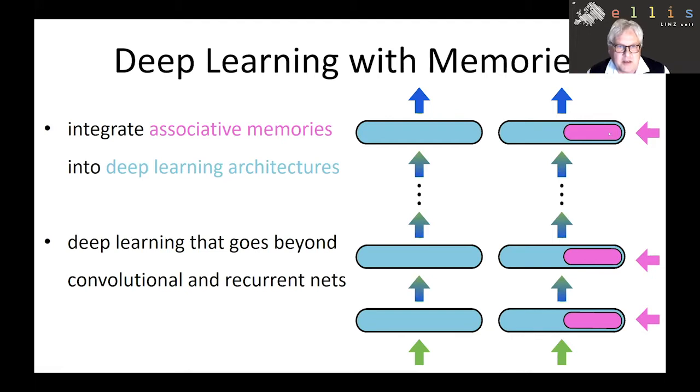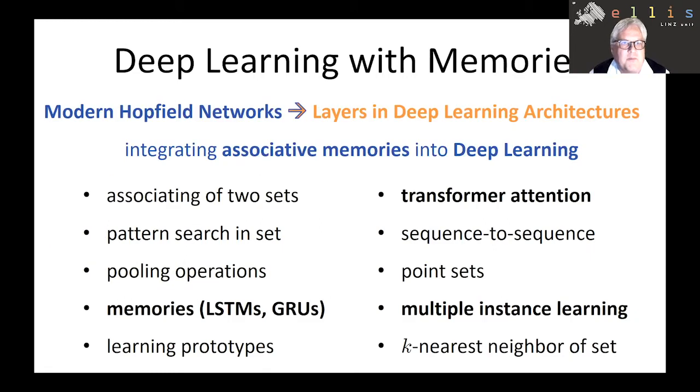And this brings us to deep learning which goes beyond convolutional neural networks or recurrent neural networks. Our goal is to use modern Hopfield networks and integrate them in layers of deep learning architectures, and thereby integrating associative memory capabilities into deep learning.